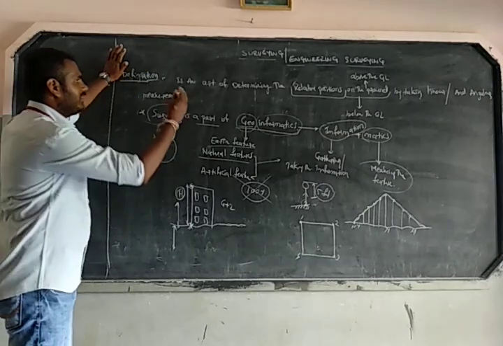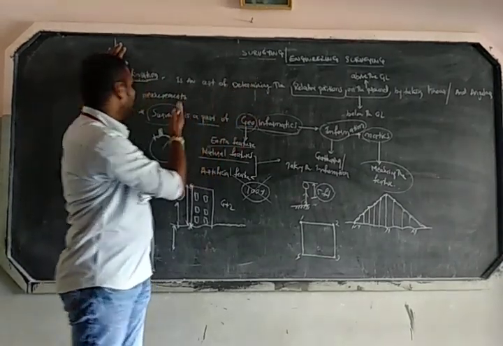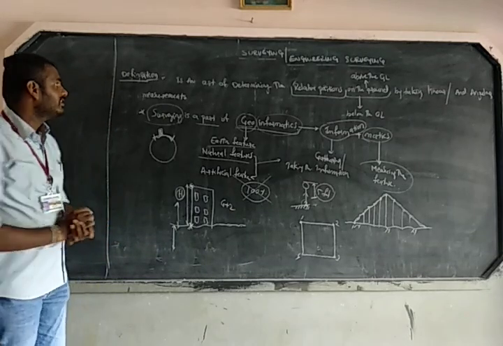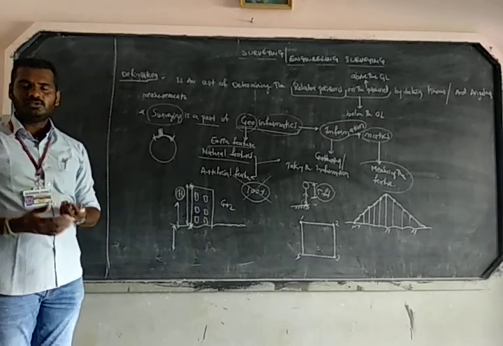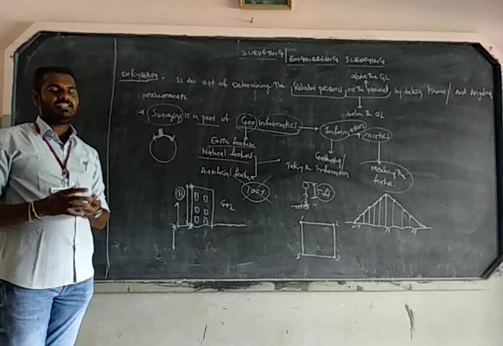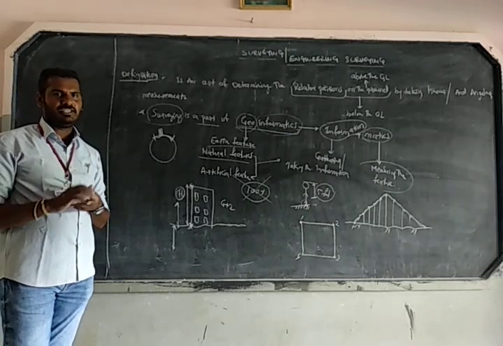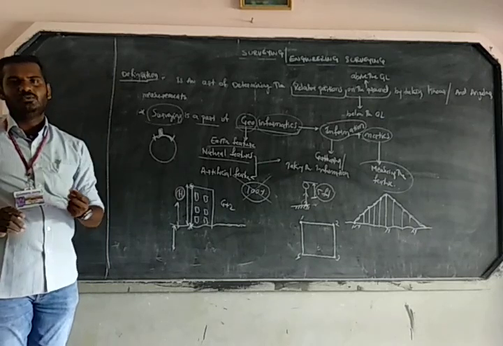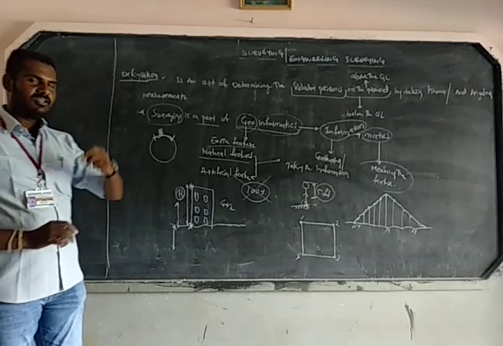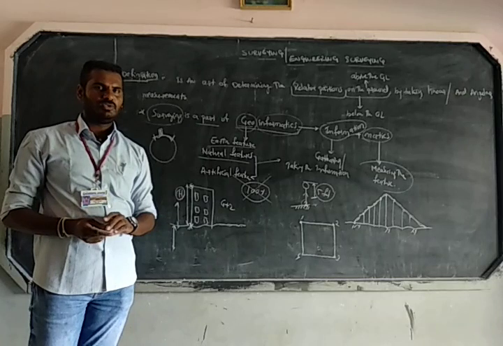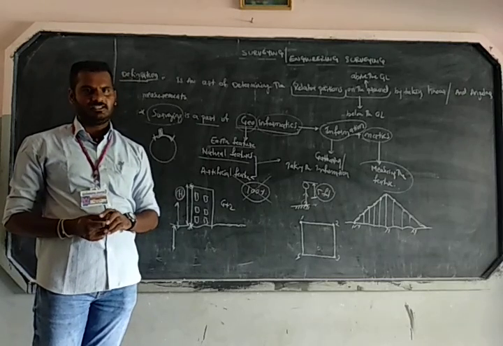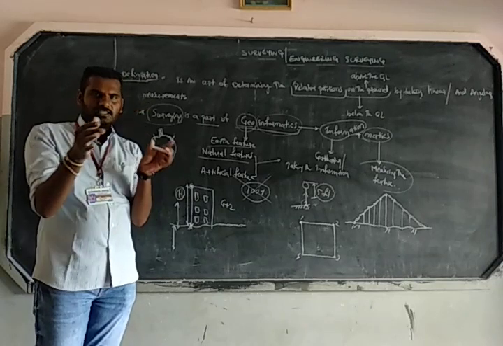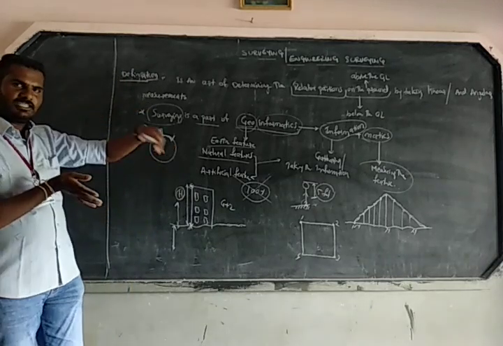Now let me tell you what linear and angular measurements are. Surveying plays a very important role in the calculation of linear and angular measurements. These represent the geometrical position of a particular object, meaning its height, its length, its width.